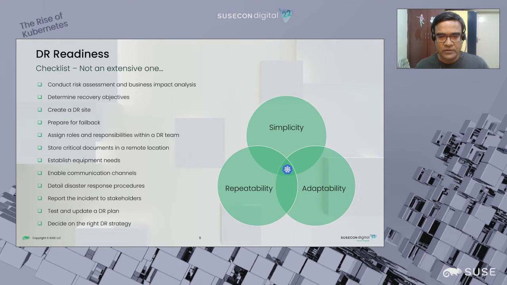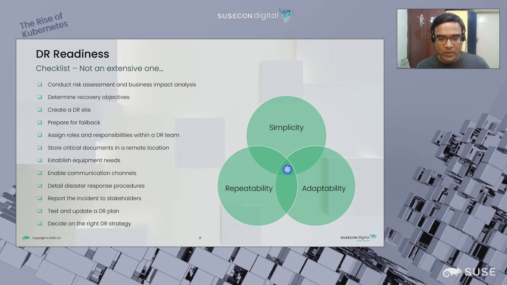Sounds good. If I summarize, the DR plan is essentially a subset of BCP. The DR plan is a living document, which should have three basic elements. To keep it simple, it should be simple enough to understand what the plan is about, who the stakeholders are, and all that.